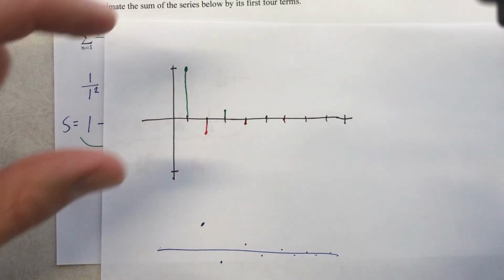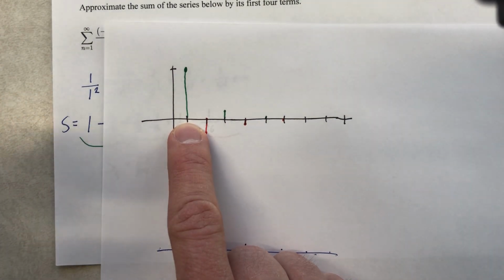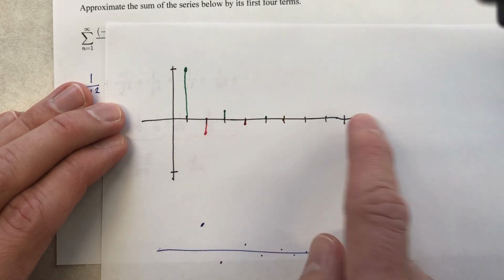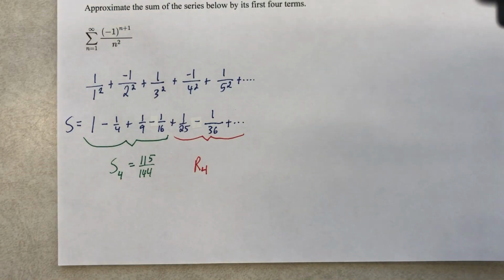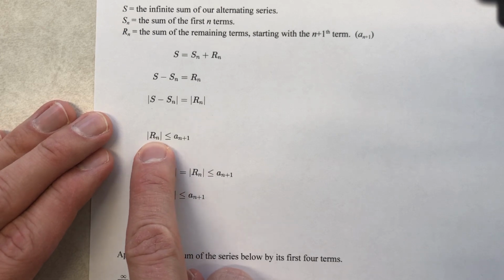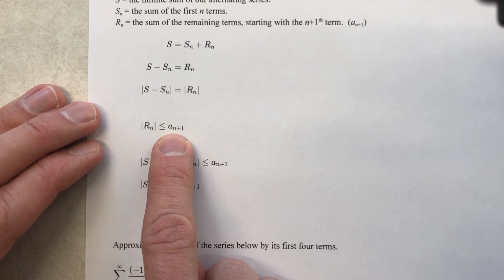Never. That's the biggest positive number, that's the highest magnitude you see, and so with that 1, it's just going to get smaller and smaller. That's it. That's what this line means. So the remainder is always going to be less than or equal to that next term.